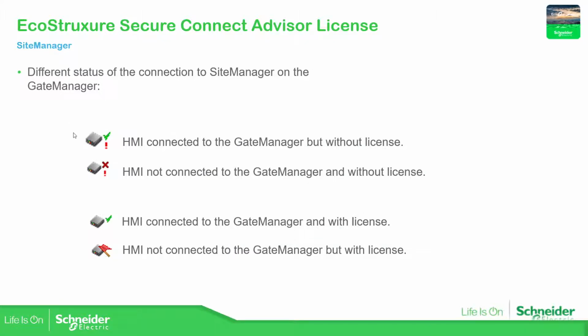Yeah, that's all. This is the status of the sites that you want to connect. If everything is good, you should see the check if you have the license over there, and when the device is connected, you should see this flag over here.